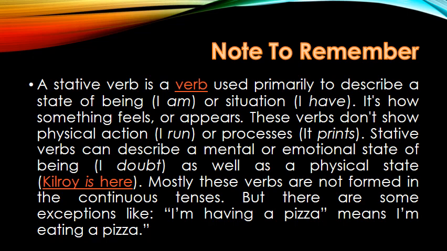So when the verb is expressing an action, it's an exception. Not all the time, just when the verb is expressing an action, like I'm eating a pizza, I can use it in the present progressive.